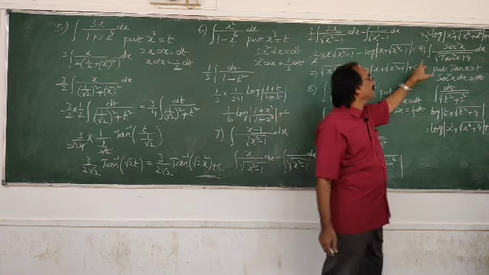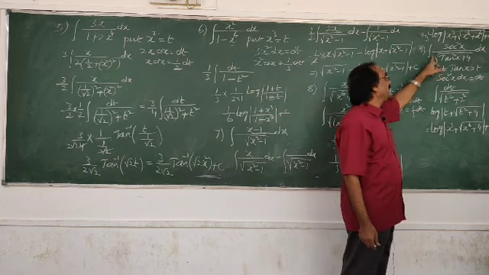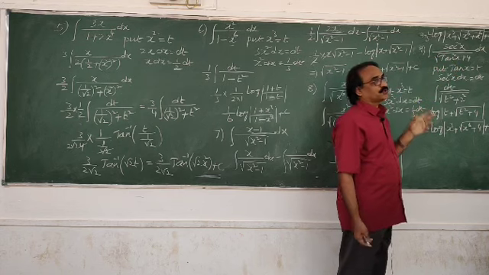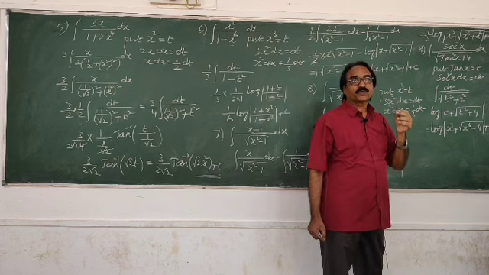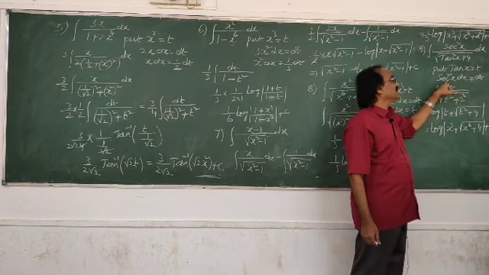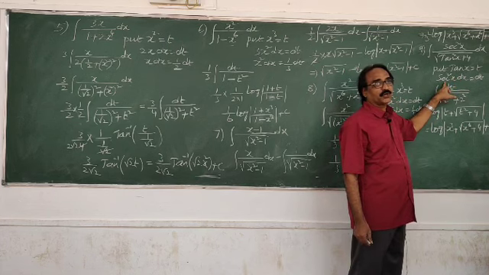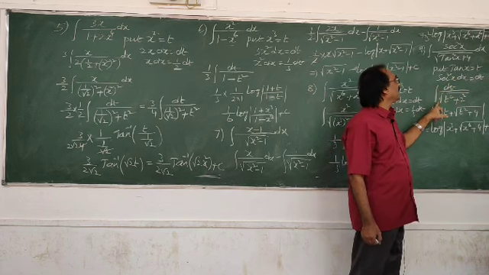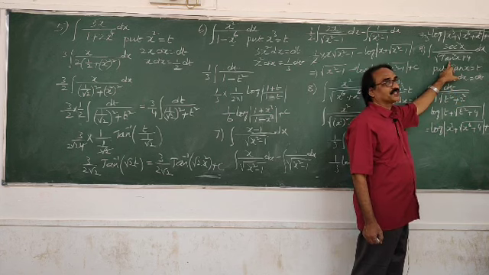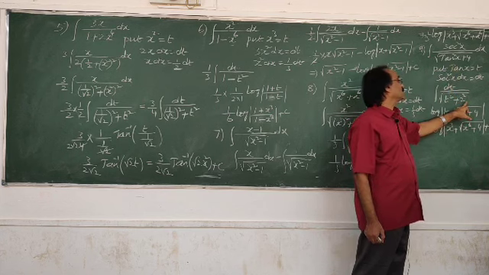Now problem number 9, integral secant square x by square root of tan square x plus 4 dx. So immediately what we will do? Put tan x is equal to t. Put tan x is equal to t means secant square x dx is equal to dt. So integral dt by root of t square plus 4, that is 2 square.